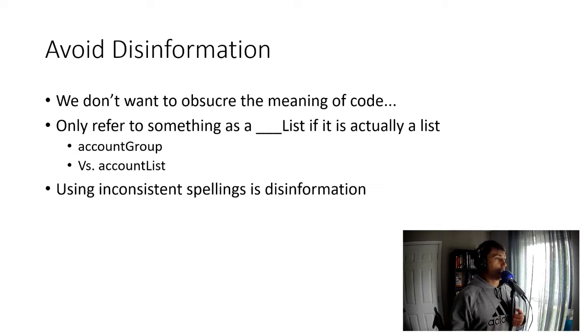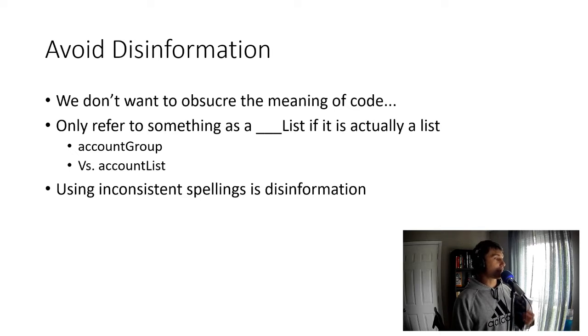And what he means by that is that we don't want to obscure the meaning of code. So if something actually is a list, then it's appropriate to refer to it in the variable name as blank list.